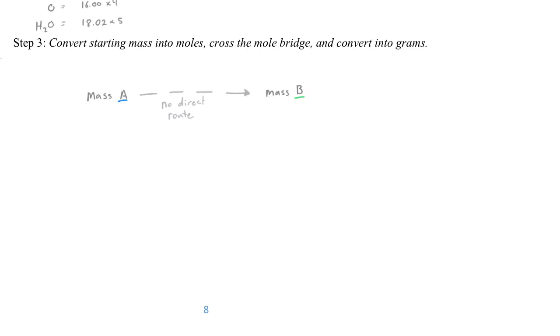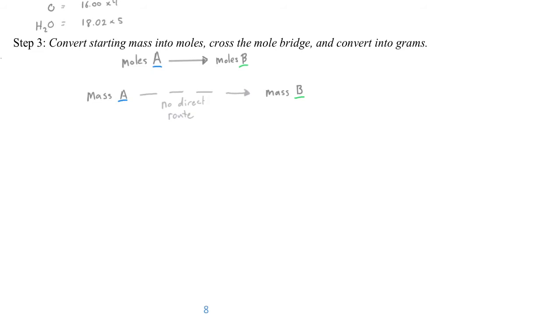Even though there's no direct route, there is a series of steps we can do that will allow us to accomplish this. We're going to see this same series of steps many, many times throughout the rest of this course, so I wanted to start teaching this method to you now. As you've seen, it is possible for us to convert the moles of A into the moles of B. We saw that earlier when we converted, say, the moles of lead nitrate into the moles of nitrogen.